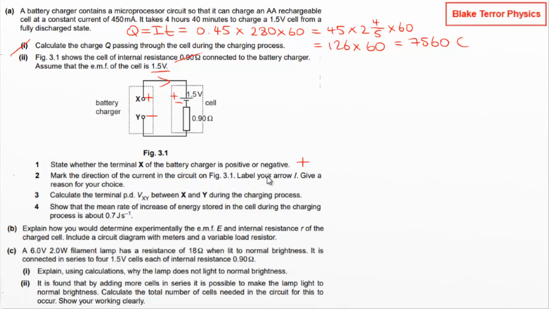So we've labeled the arrow, and then we need to give a reason for our choice, right? Which is probably easier said than done. But we're wanting to put energy back into the cell, let's say, do work on the cell.